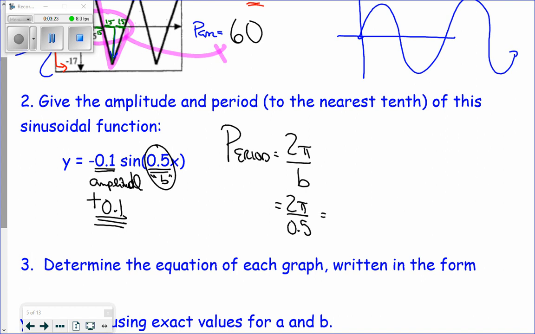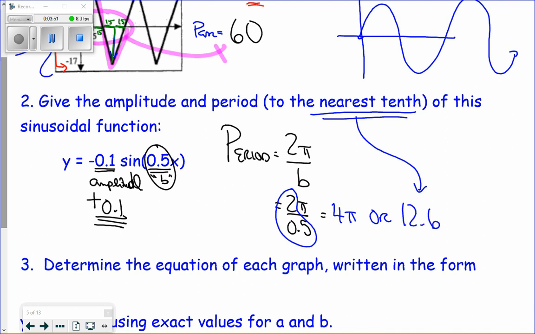If you left it as an exact number, 2 divided by 0.5 is 4, and then you just stick the pi on the end. Or if you punched it into the calculator and gave the nearest tenth, go 2 times pi divided by 0.5. So 12.6. Okay?